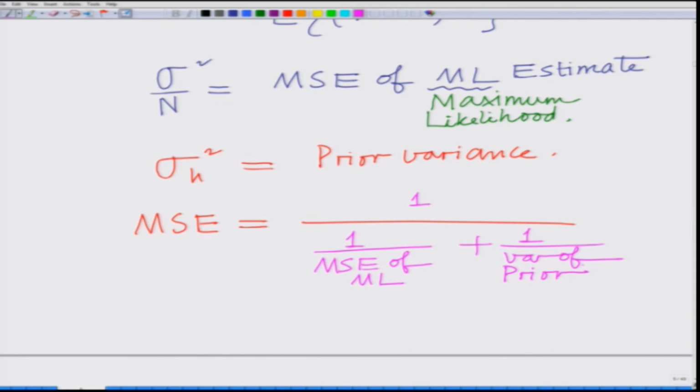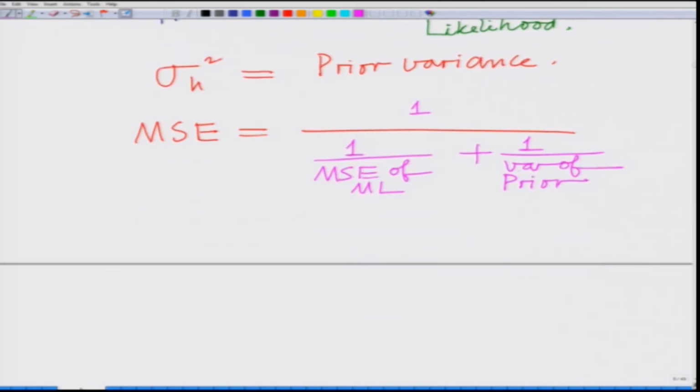This is an interesting result, which basically means that this is nothing but the harmonic mean.